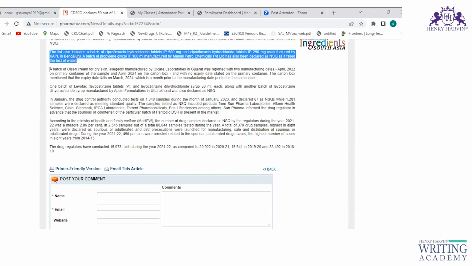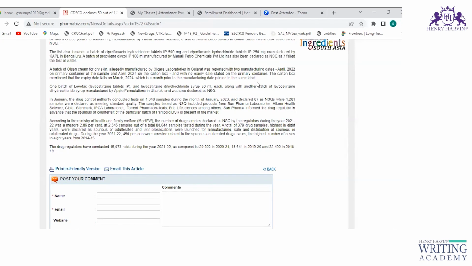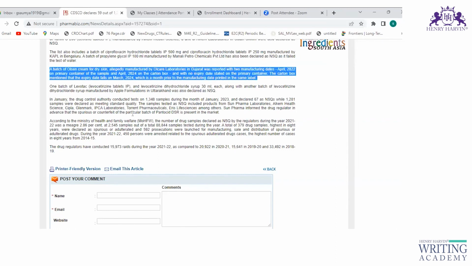Then a batch of Olsen cream for dry skin allegedly manufactured by All Care Laboratory in Gujarat was reported with 2 different manufacturing dates, April 2022 on the primary container of the sample and April 2024 on the carton box, and with no expiry date stated on the primary container.